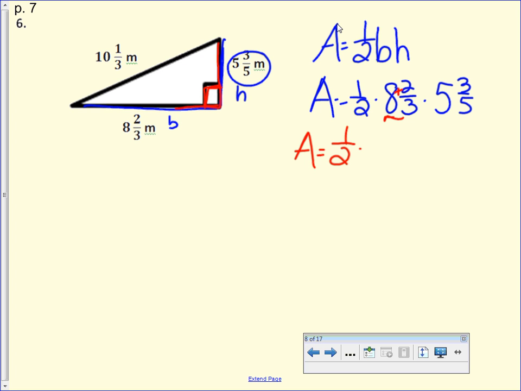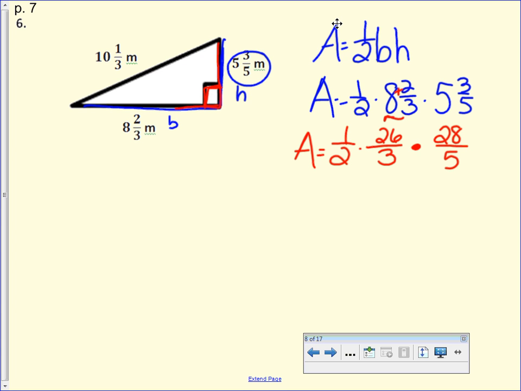So 3 times 8 is 24, plus 2 is 26, and my denominator stays the same. 5 times 5 is 25, plus 3 is 28, and my denominator stays the same. Now I know my rule for multiplying fractions is to multiply all my numerators and then multiply all my denominators.